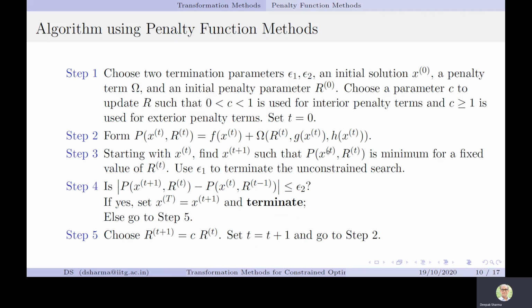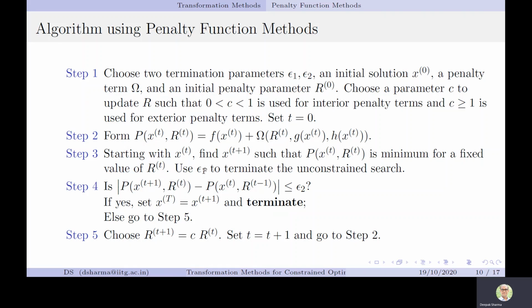And since this penalty function method is an unconstrained problem, we can use any unconstrained method which we have gone through in the previous chapter for minimizing this penalty function for a given value of, say, Rt.